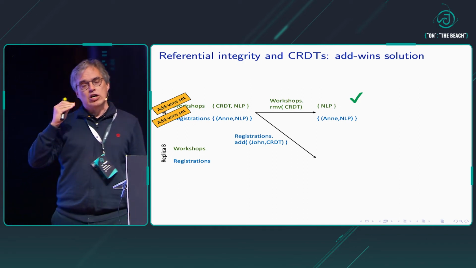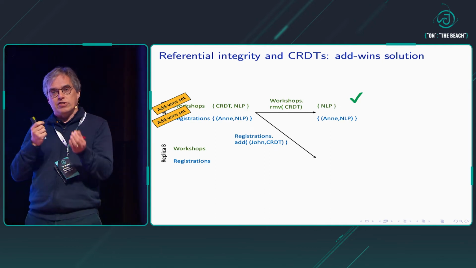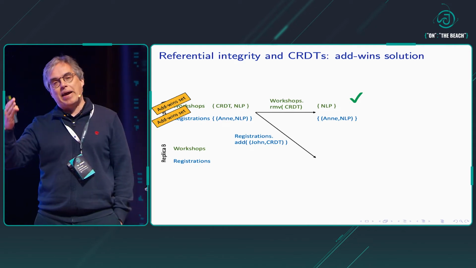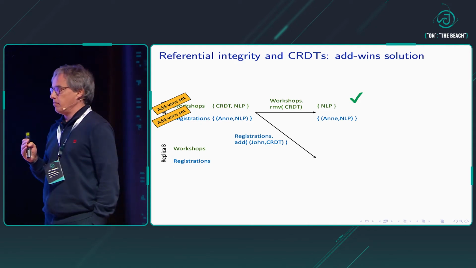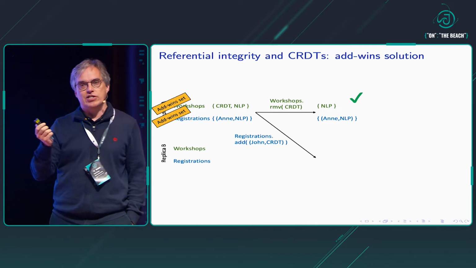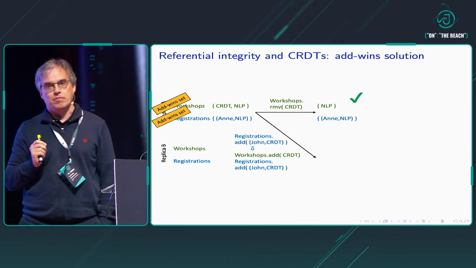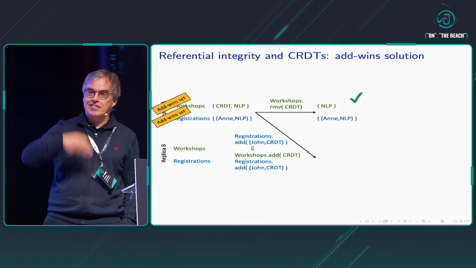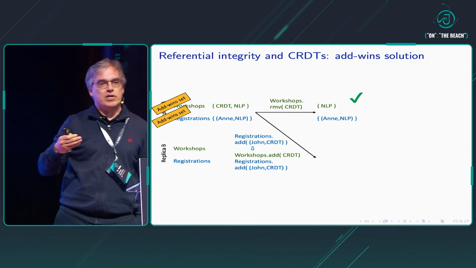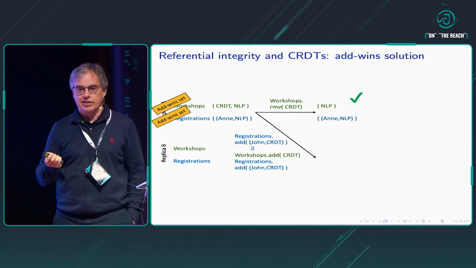If we want to make updates concurrent on the same object, I will need to expand this registration operation. Instead of adding only John on the registration on the CRDT workshop, I will transform this into two operations. One operation that will add the CRDT workshop again, and another operation that is the original operation that adds the registration of John in the CRDT workshop.